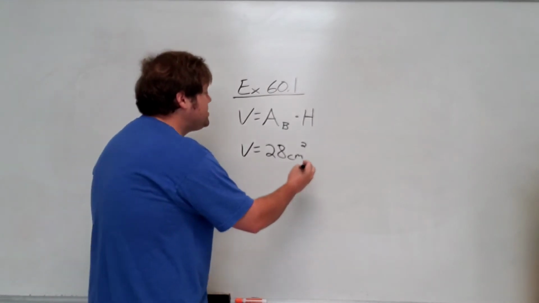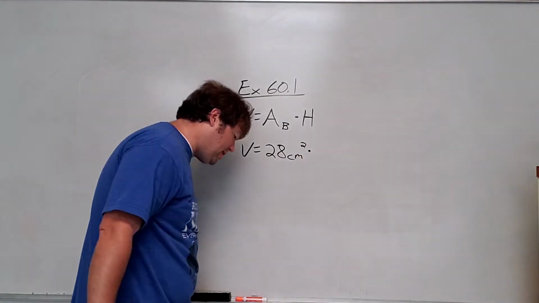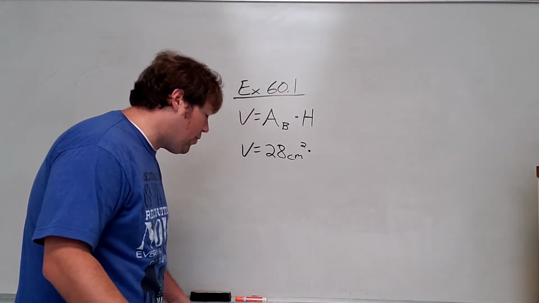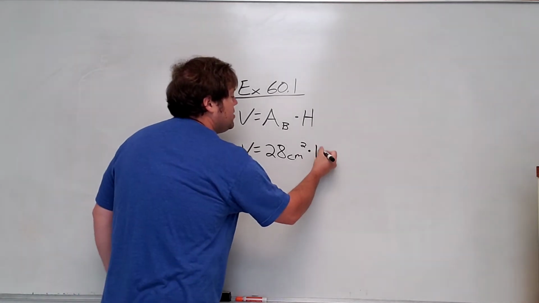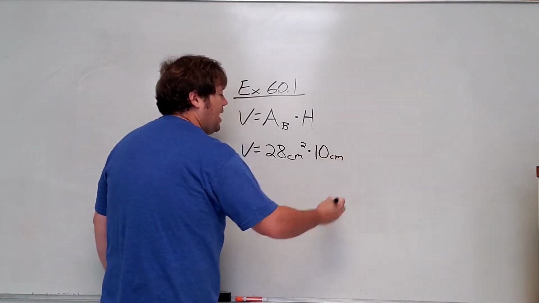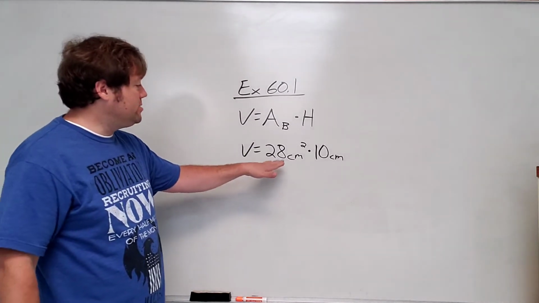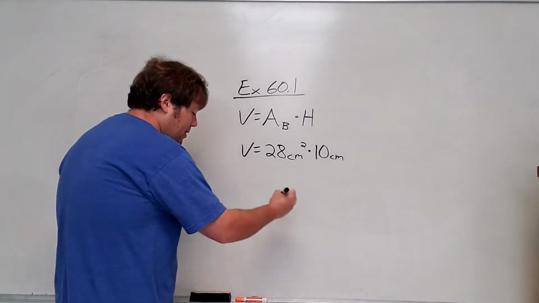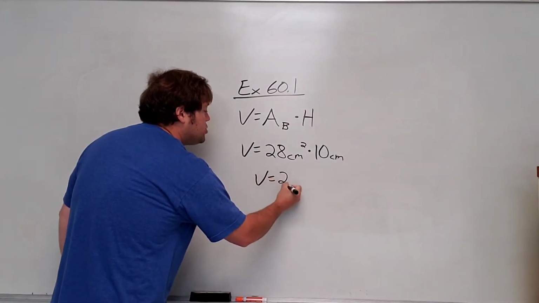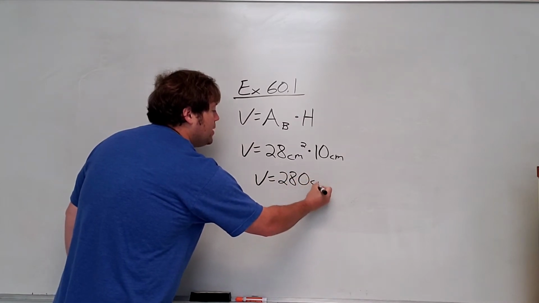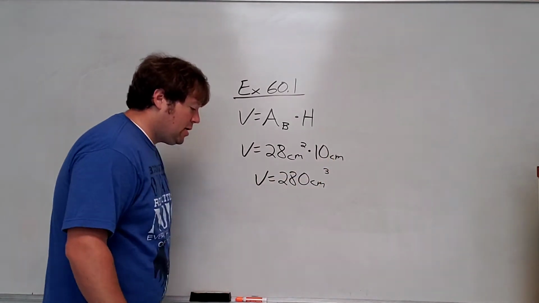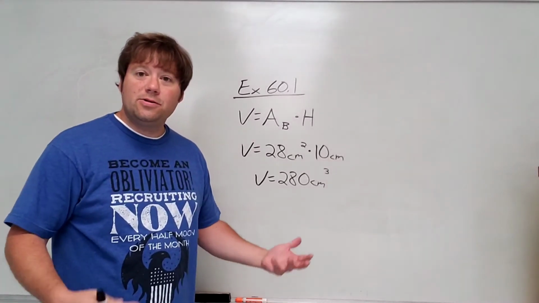And then they tell us the length of a lateral edge is 10 centimeters, and that is the height. So the volume is the area of the base times the height, which means the volume is 280 cubic centimeters. They're not usually all that easy, but this one is.